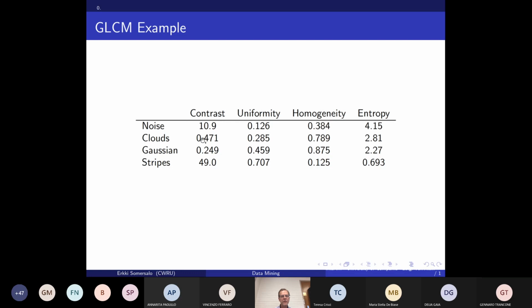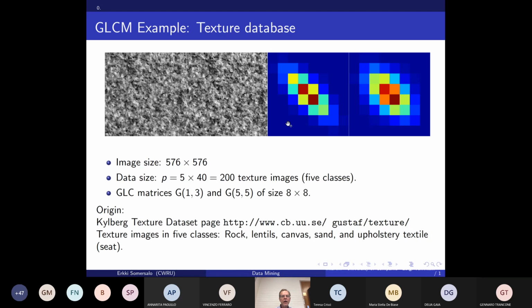The uniformity in the stripes is high, so it is a very uniform structure, while homogeneity is small. Gaussian and clouds have a high homogeneity, while the noise image has a low homogeneity. So you see that these numbers that I can calculate are somehow descriptive of what we are looking at. They are certainly useful quantities to look at if you want to understand what's in the picture.